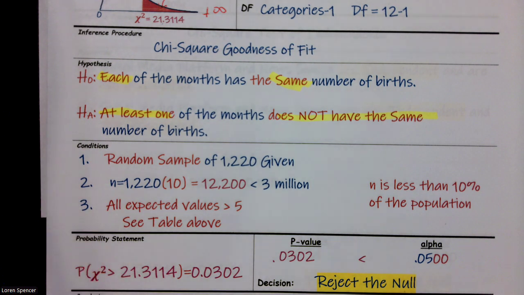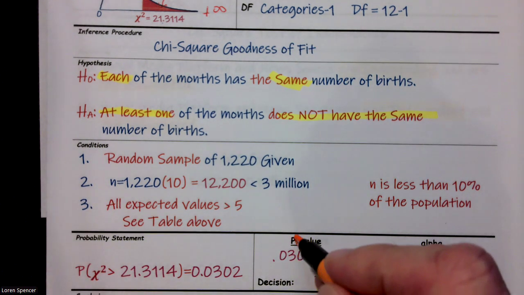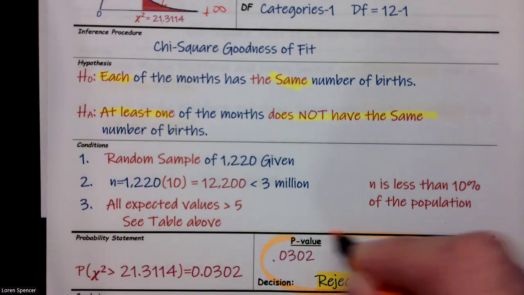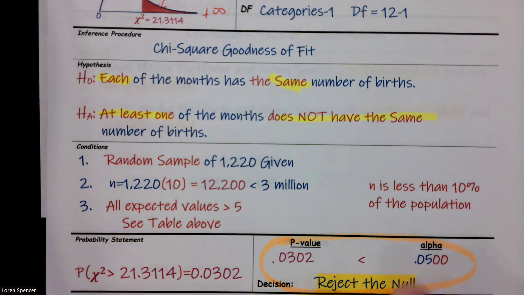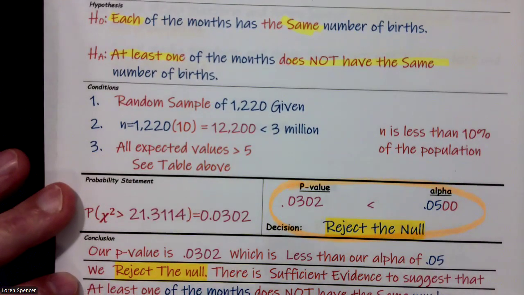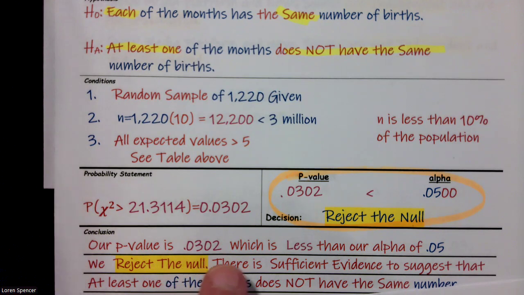We're going to restate this in sentence form. Basically, our p-value of 0.0302 is less than our alpha of 0.05. We reject the null. And that's certainly what I wrote. Our p-value is 0.0302, which is less than our alpha 0.05. We reject the null.